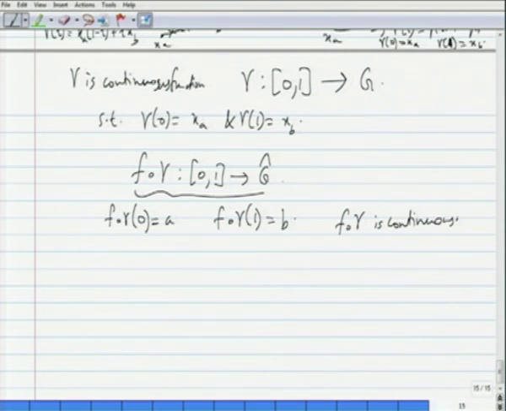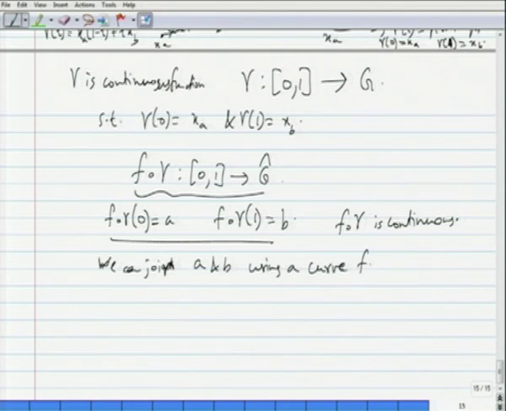And so using this f circle gamma, we can join A and B using a path, a curve. Let us call this a curve a little informally, a curve f circle gamma.